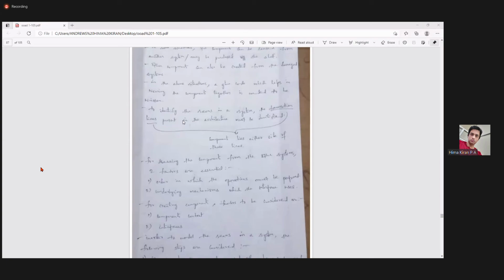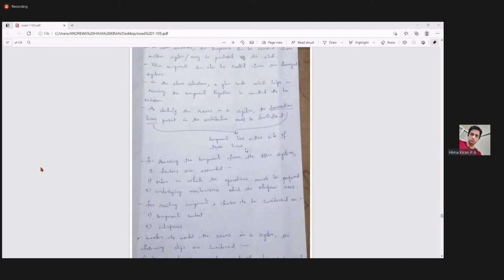To identify the seams in a system, the demarcation lines present in the architecture must be identified. It is not declaration lines, it is demarcation lines. The meaning of a demarcation line is that these are the components that lie on either side of these lines. Some benchmarks will be there.